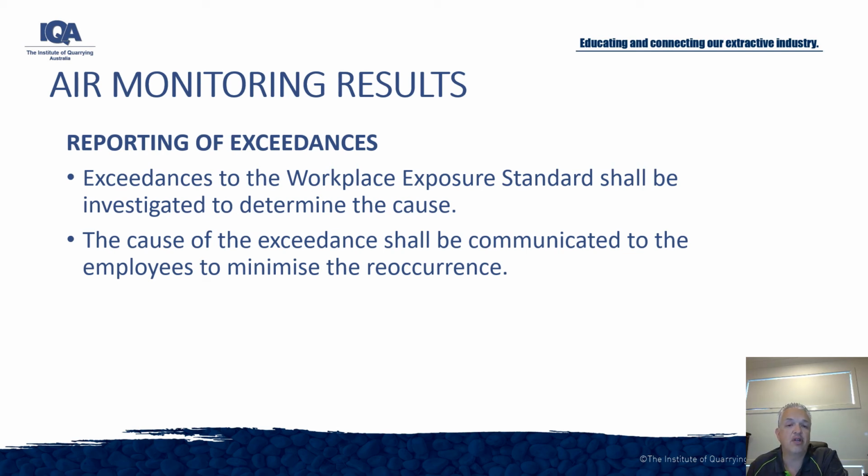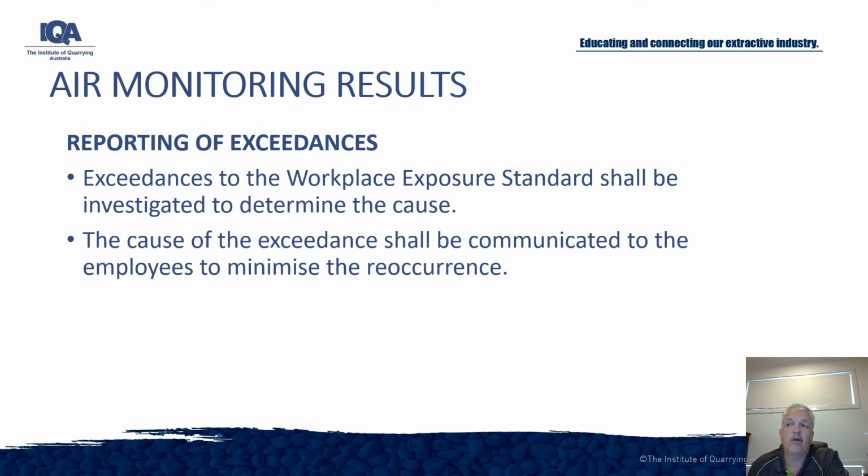Did they use high pressure air rather than another way of getting rid of the dust? Did they wash down the equipment or didn't they wash down the equipment? They're the sort of things we need to know for the exceedance, so we understand why it exceeded.